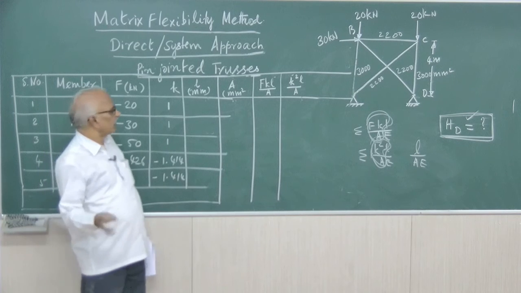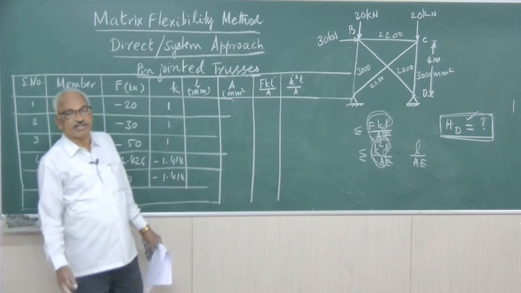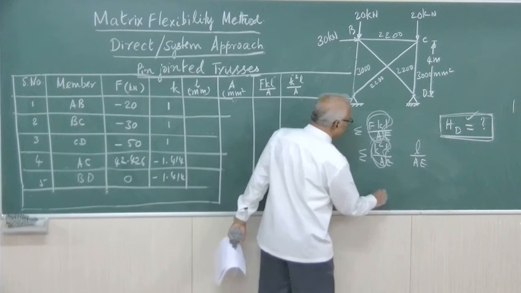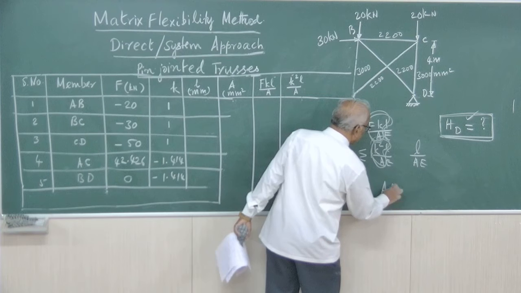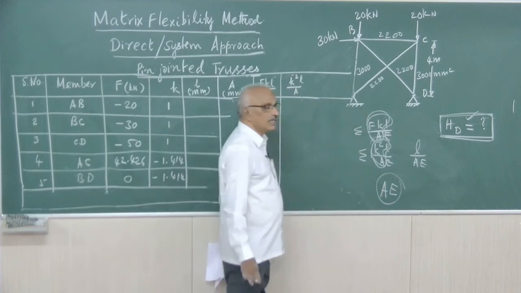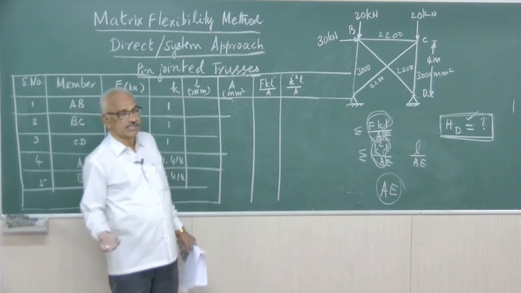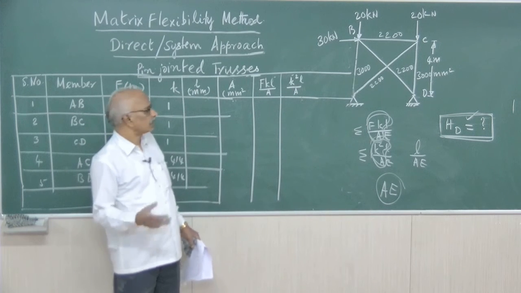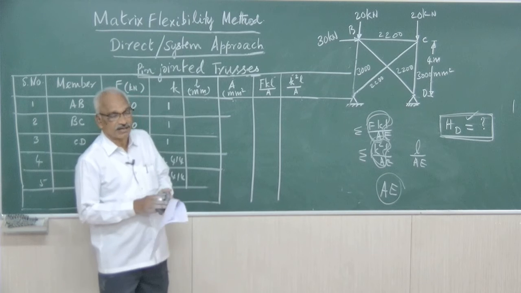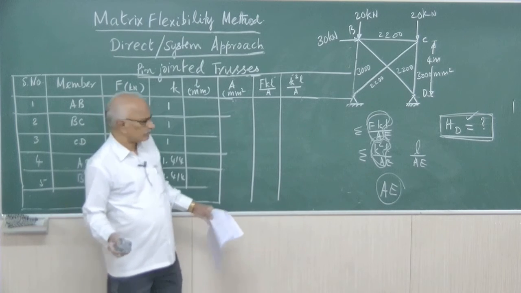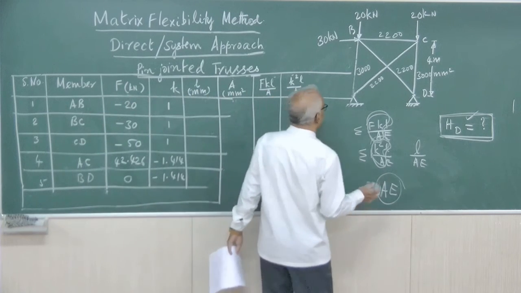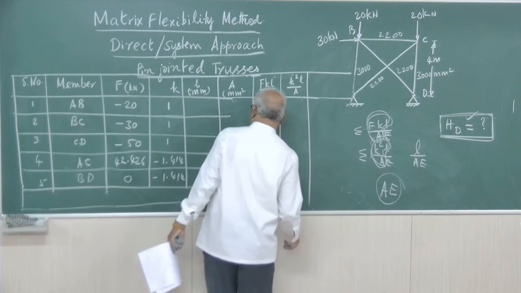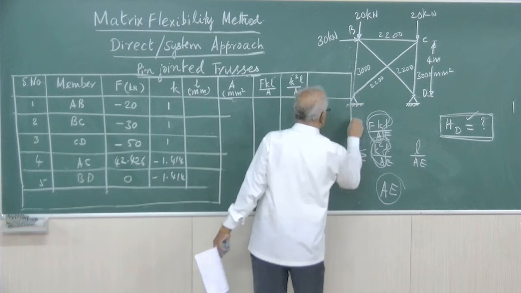Therefore, for L you need not provide a column, area you need not provide a column, and E. Sometimes the axial rigidity is same. Axial rigidity means AE is same. Either they will give area and Young's modulus are same for all members, or they may give AE is same for all members. Therefore, for area there is no need for any column, because here only people will find it as a confusion. So these are all small things, but these are to be clearly understood.